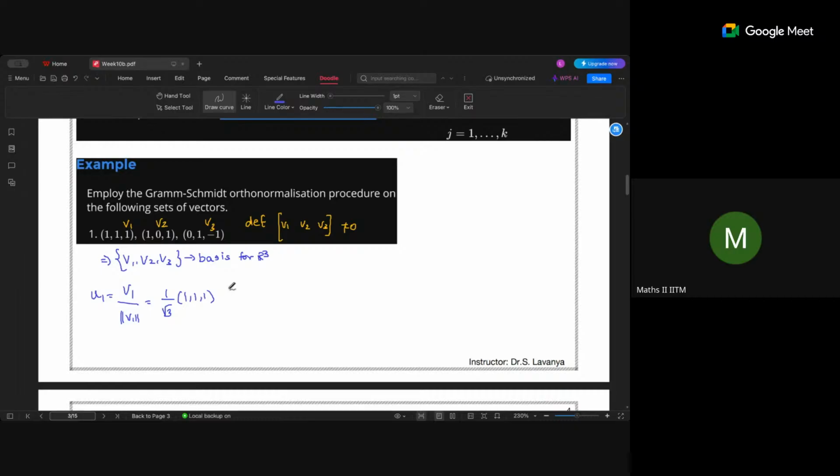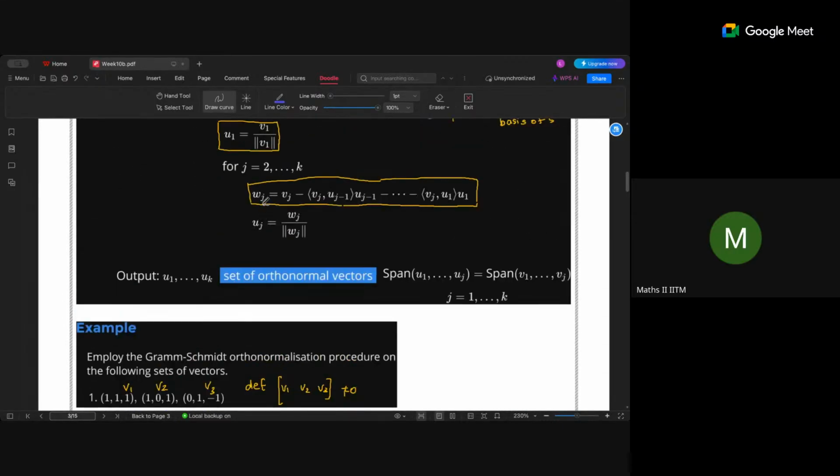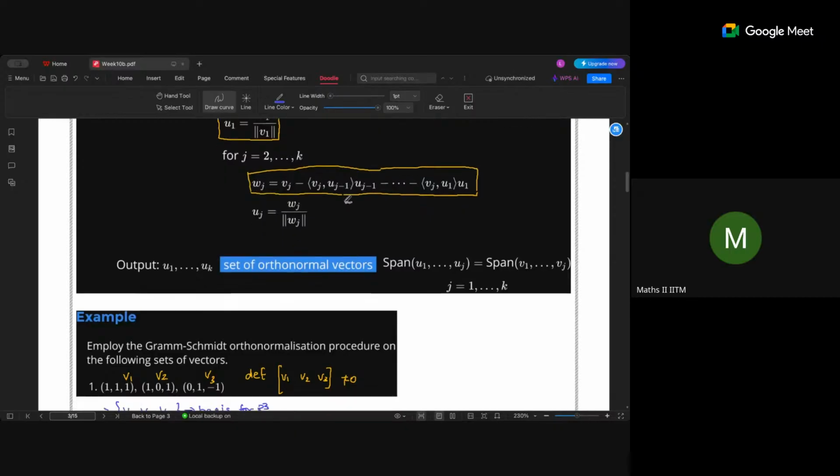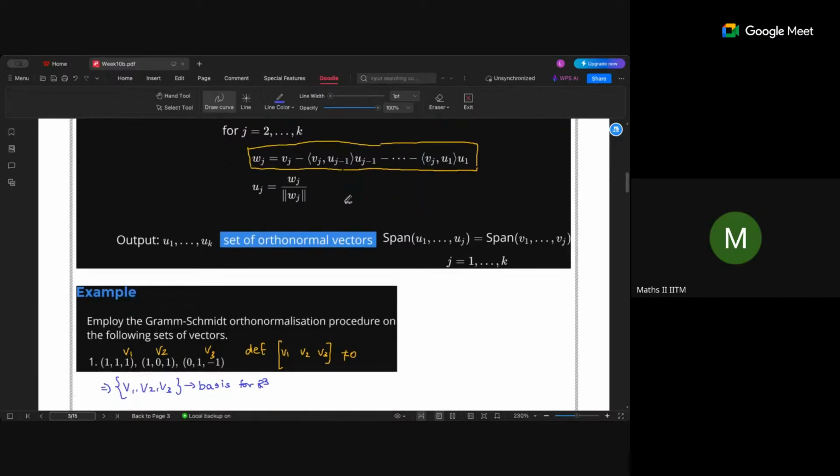Now what is the formula for computing the next vector? Let's apply this. Maybe we'll write it for two vectors here so that it's easier for us. What is w2? It is v2 minus inner product of v2 comma u1 into u1.